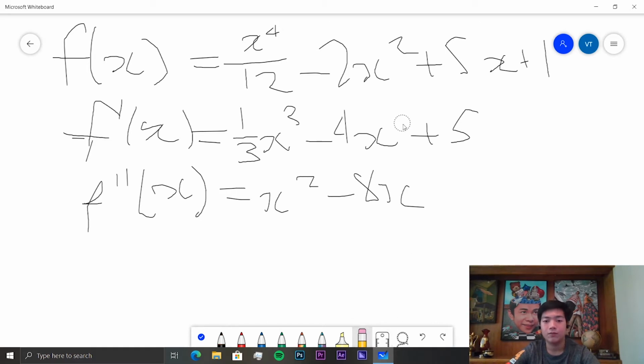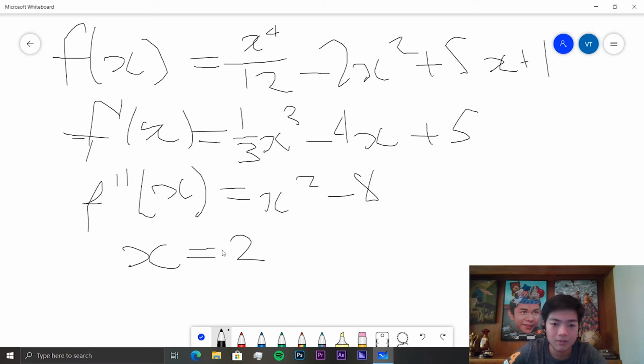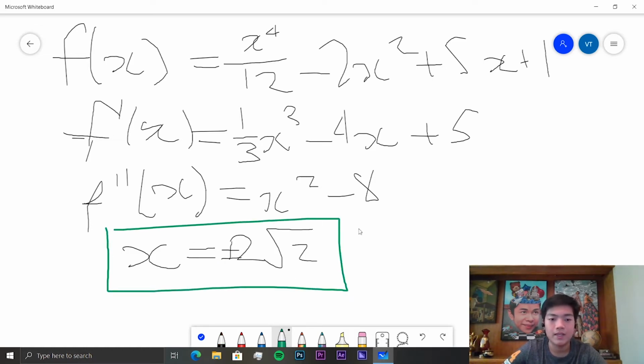Actually, wait, the first derivative is 1/3 x cubed minus 4x, so we need to find values for which this is equal to 0, and this is pretty obvious.